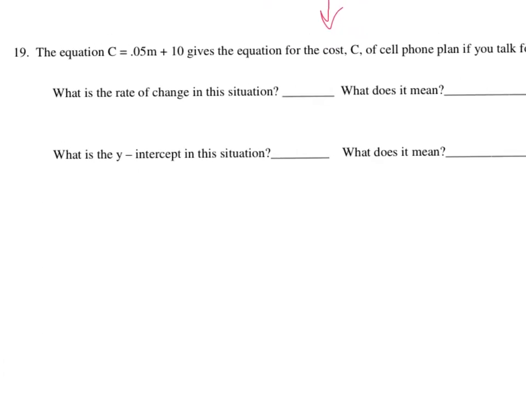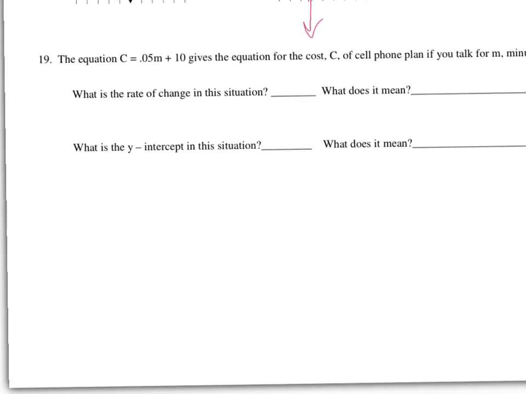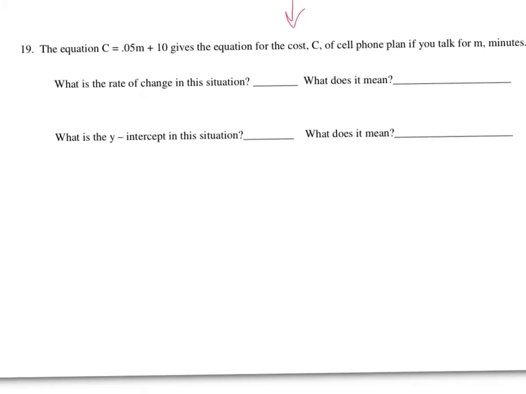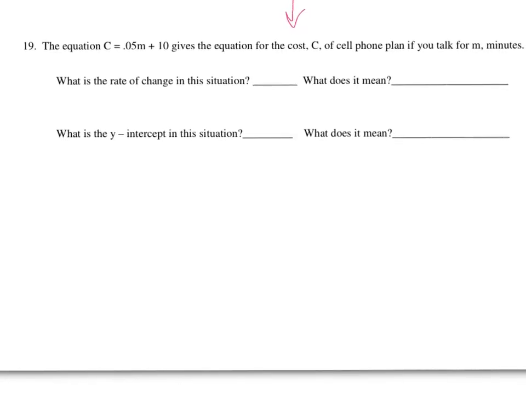Number 19. The equation C equals 0.05m plus 10 gives the equation for the cost C of a cell phone plan if you talk for m minutes. What is the rate of change in this situation? What does it mean? Okay, rate of change is just another way to say slope.